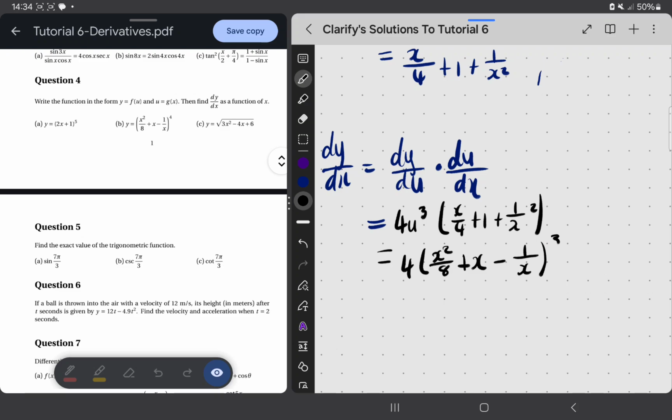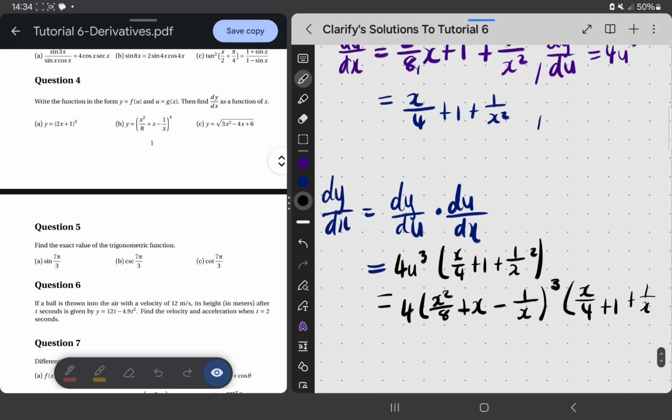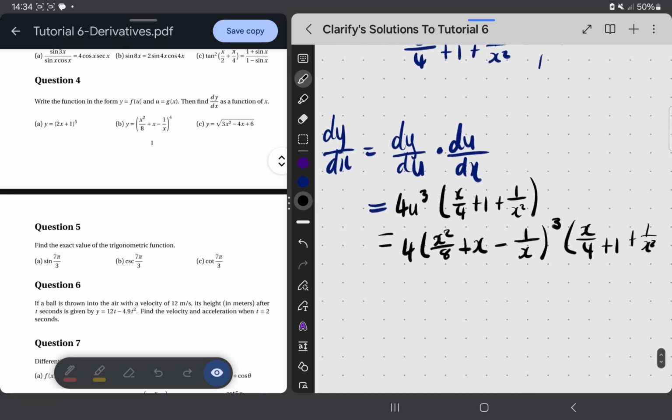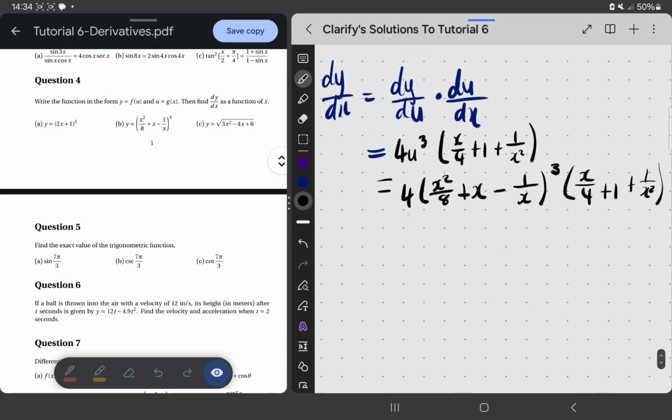And it's now to the power of 3, and it is multiplying x over 4 plus 1 over x squared. Right, and this is going to be your final solution.